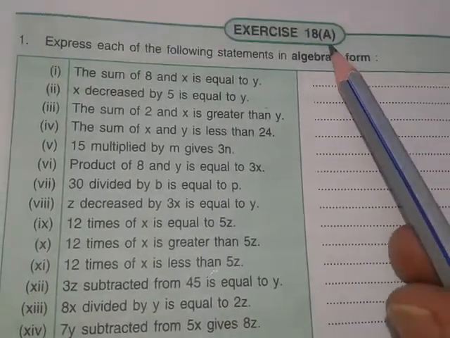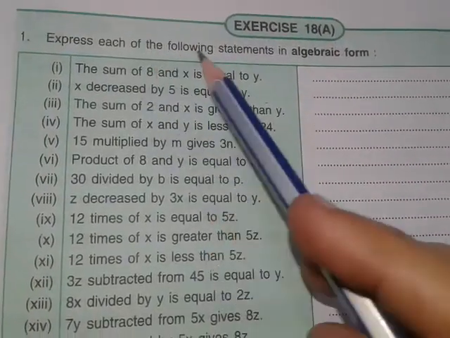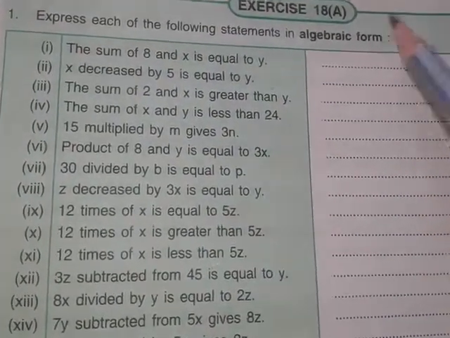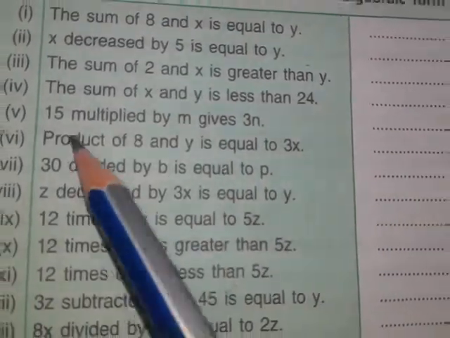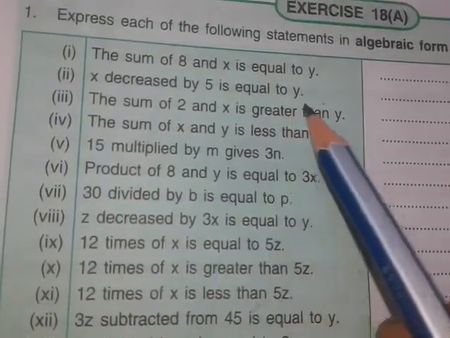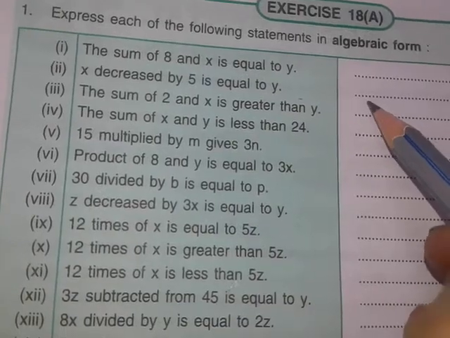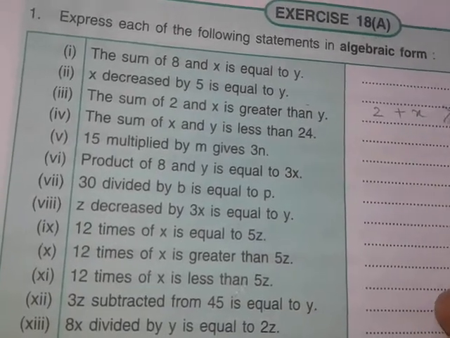Exercise 18a: express each of the following statements in algebraic form, which means you have to write it in numerical form. For example, the sum of 2 and x is greater than y. Sum of means plus, so 2 plus x is greater than y.